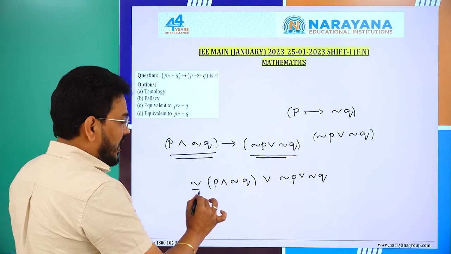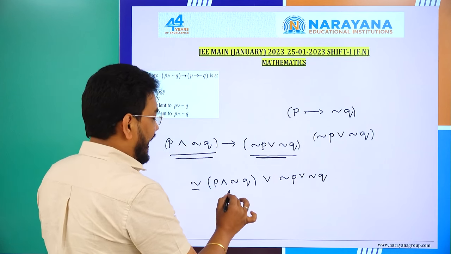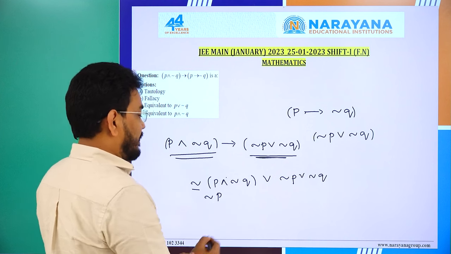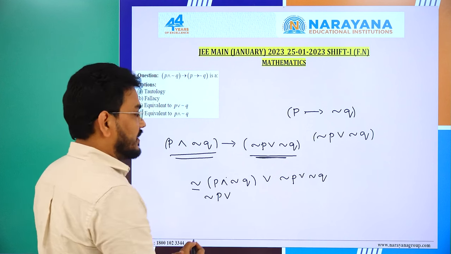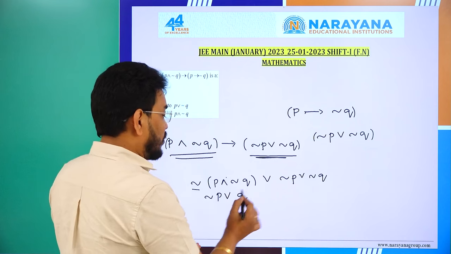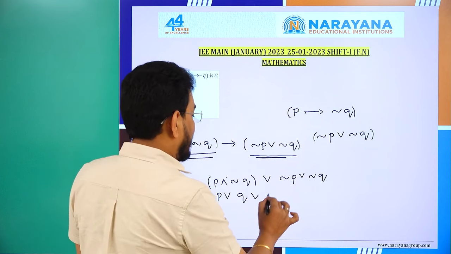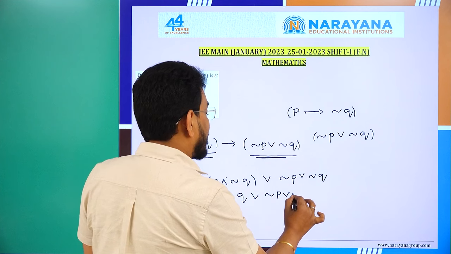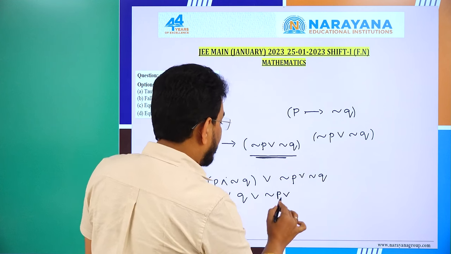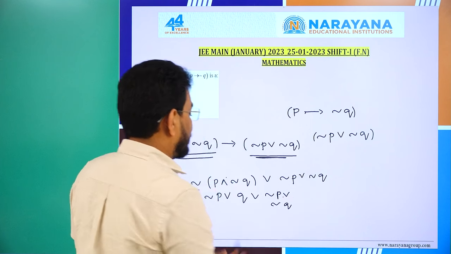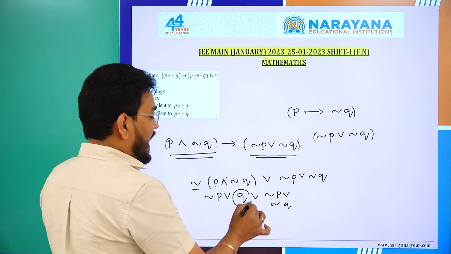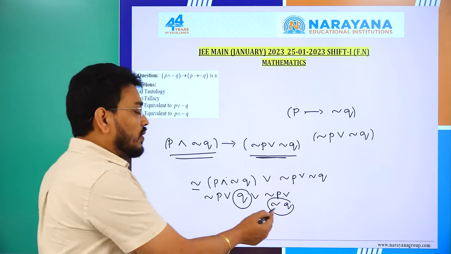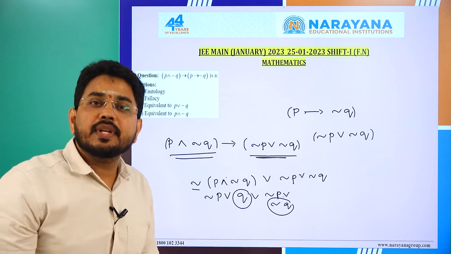So negation of P and is there. So what will happen? This is negation of P or Q or negation of P or negation of Q. Okay, sorry, negation of Q. So here Q, negation of Q union is coming.